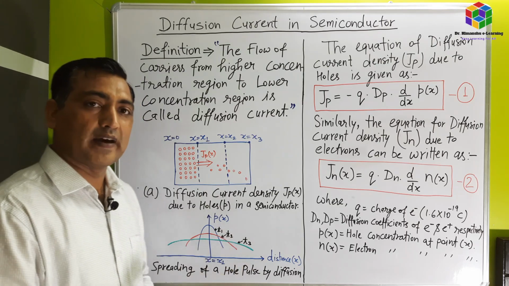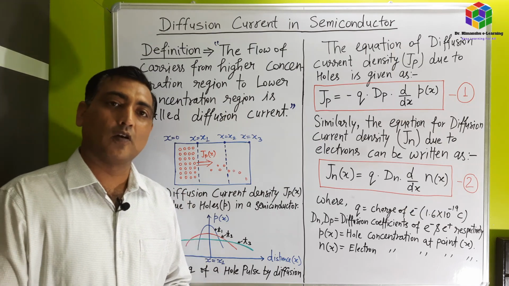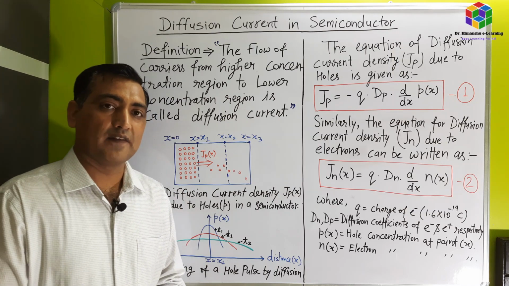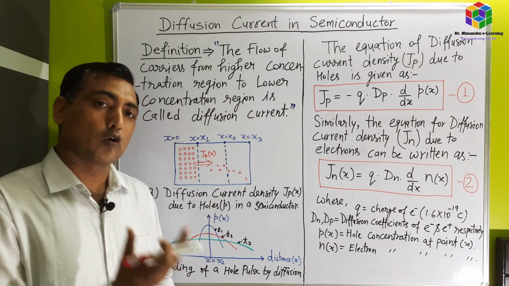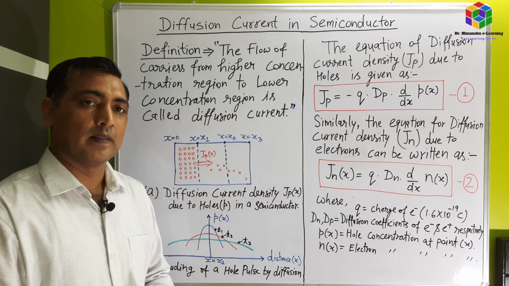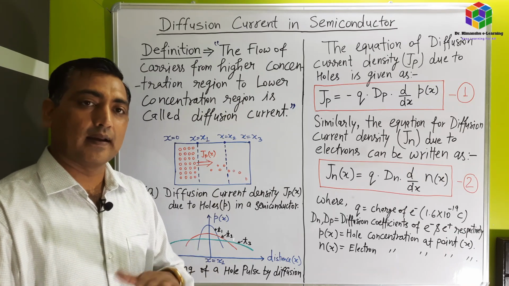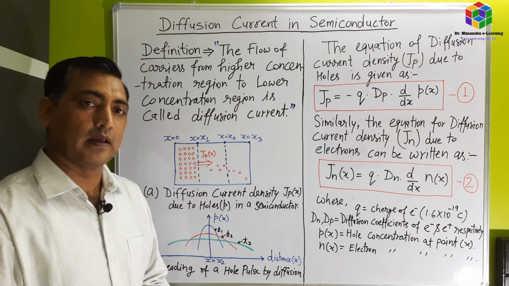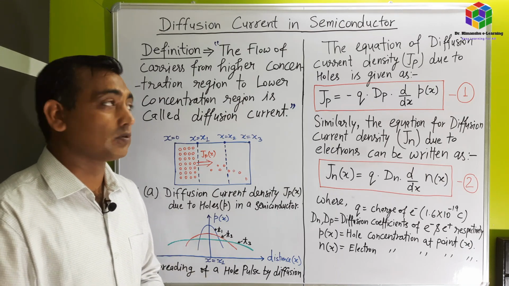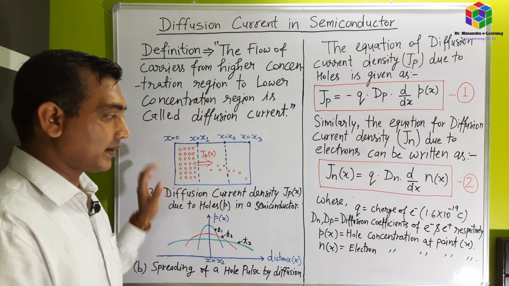So this is also a very good real life example of diffusion. Another real life example of diffusion is a hot coffee cup or a hot tea cup placed at room temperature. You know that after a certain time the tea or coffee will get cold and reach room temperature automatically. Why does this happen? This happens due to the diffusion phenomenon only, which has been shown here in the semiconductors.